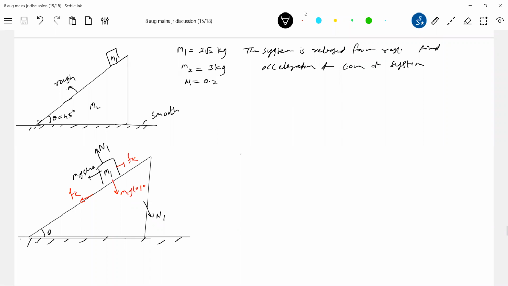Now, how to describe this motion? The acceleration of the center of mass of the system is being asked, not of the wedge or any other thing. So the acceleration of the wedge, let's assume like this. Any other forces?